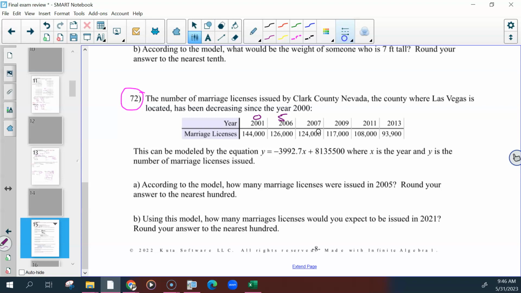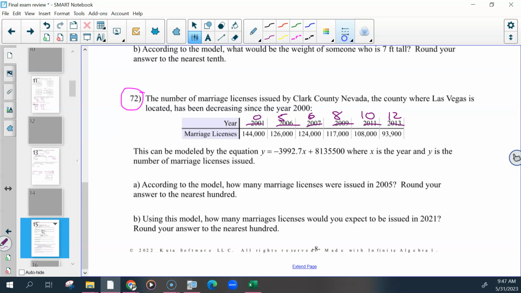So 2001 to 2007, 6 years have passed. 2001 to 2009, 8 years have passed. 2001 to 2011, 10. And 2001 to 2013, 12. So those will be the numbers you put into the calculator, not the 2001 and on.